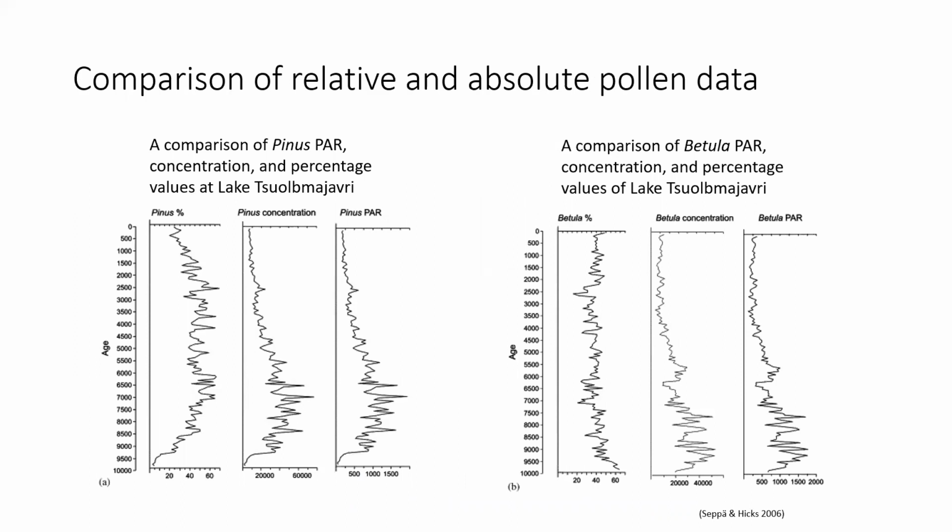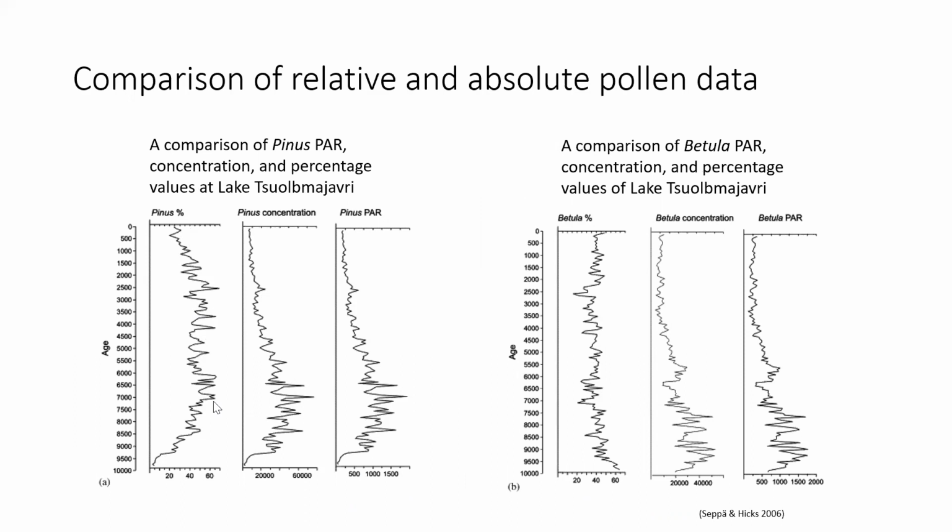And then a comparison of relative and absolute pollen data. Here is, for example, pine, and then an example of birch from the same site. If we look at the change in the percentage of pine, we can see that there's an increase in the relative proportion of pine in the pollen record.